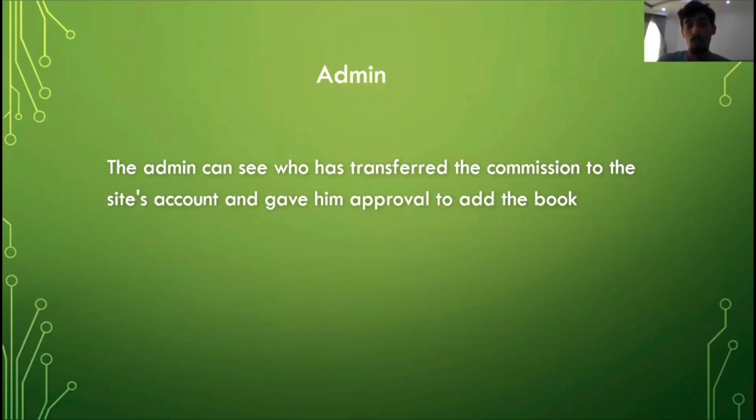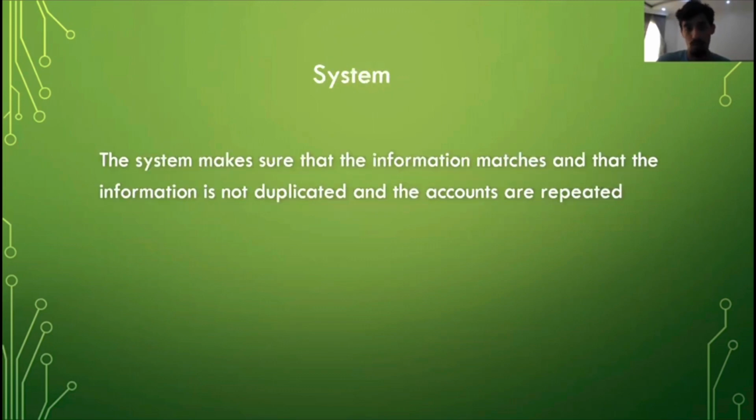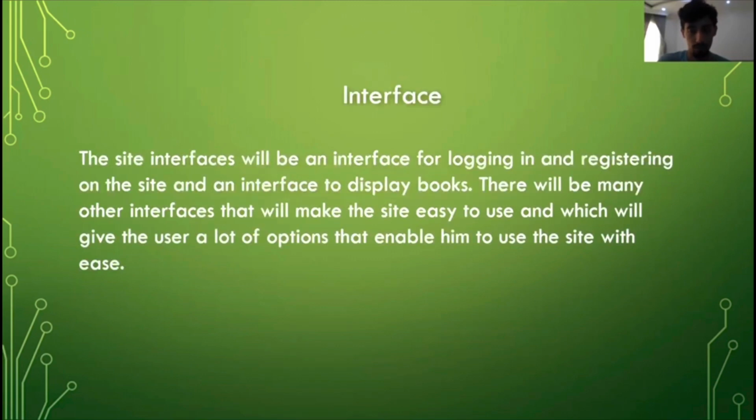Admin can see who has transferred the commission to the site account and give him the approval to add the book. And the last one, the system, makes sure that the information matches, the information is not duplicated, and the account is not repeated.